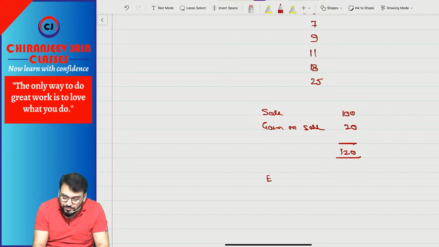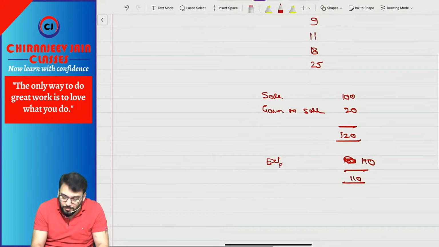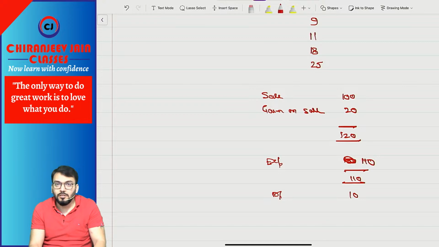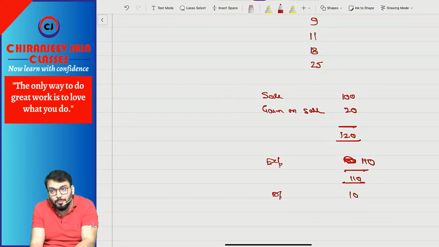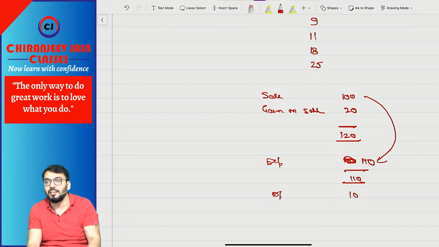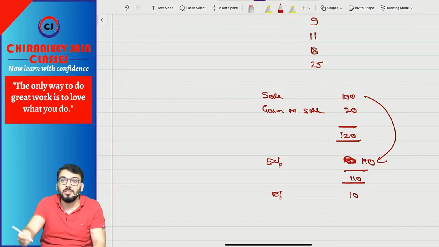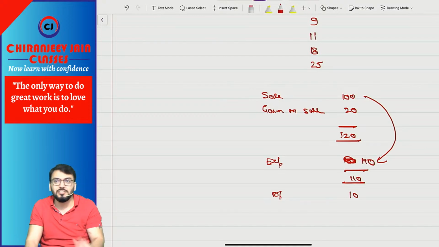And suppose there is an expense of, let us say, 110 crore. So ultimately there is a profit of 10 crore. But if you try to understand the performance of the entity, from the operation of business there is a loss. You can see 100 minus 110, so there is a loss of 10 crore. So it became profit because of the gain on sale of land and building, which is not of recurring nature, means it is of that nature which will not happen every year.